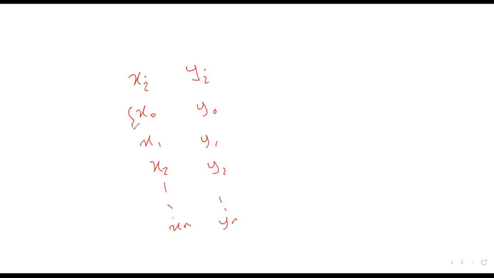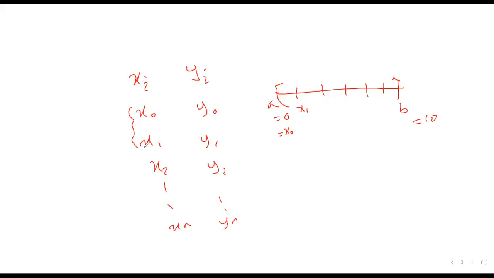So what do you think these differences are? For example, let's say my interval is a comma b, say 0 to 10. I need to divide this according to some interval. Let's say this is my x naught and this is my x1. What will be the difference between these x values?